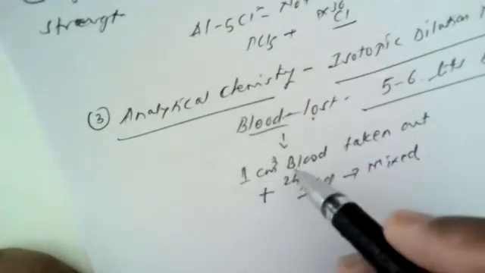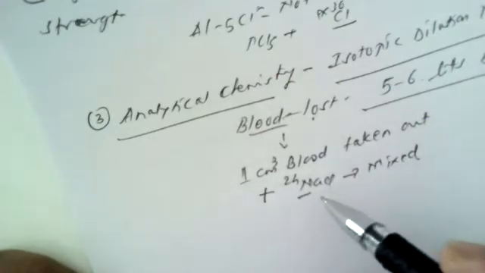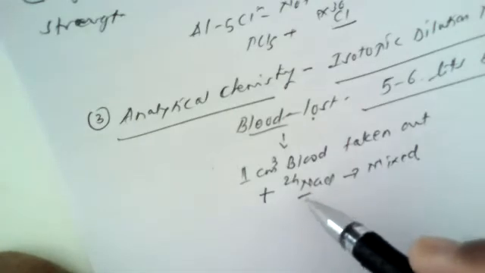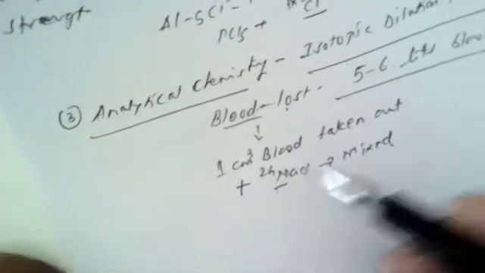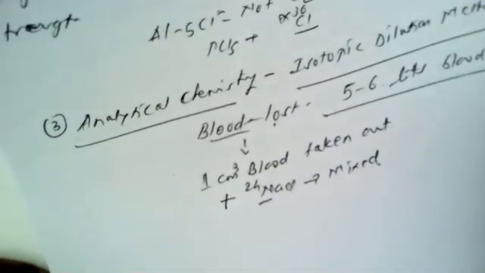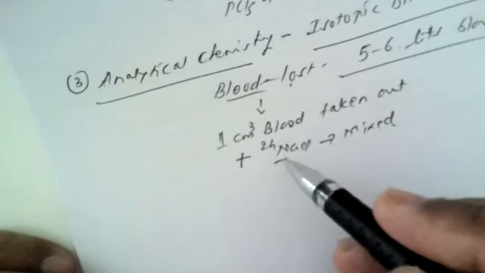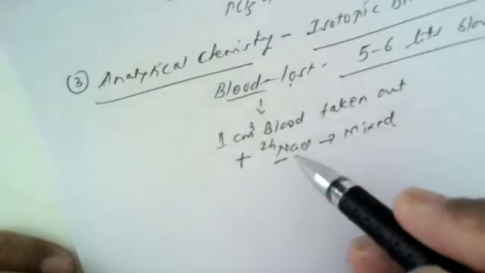1 cm cube of blood is now mixed with sodium chloride containing sodium 24, which is an isotope of sodium. Normal sodium is sodium 23, which is not radioactive, but this is a radioisotope of sodium in the form of sodium chloride.